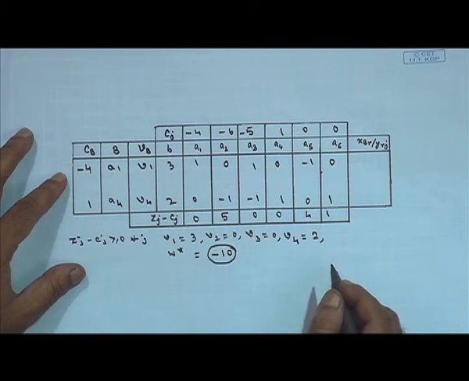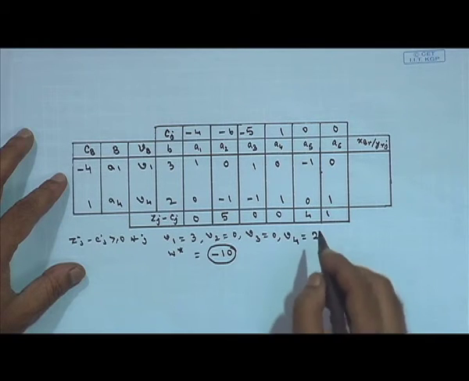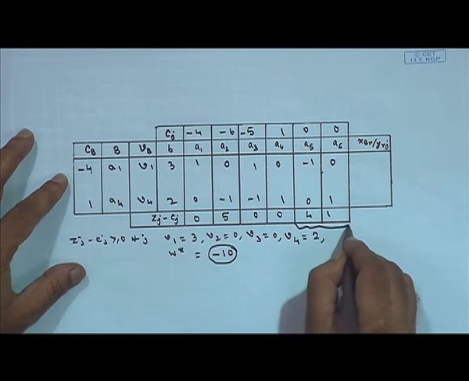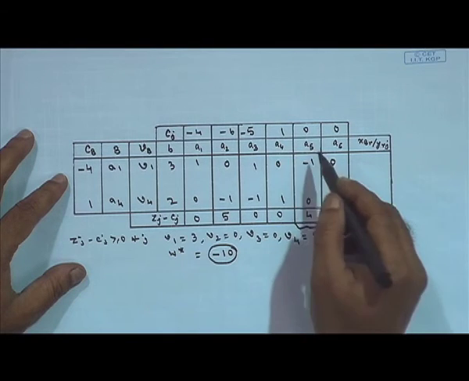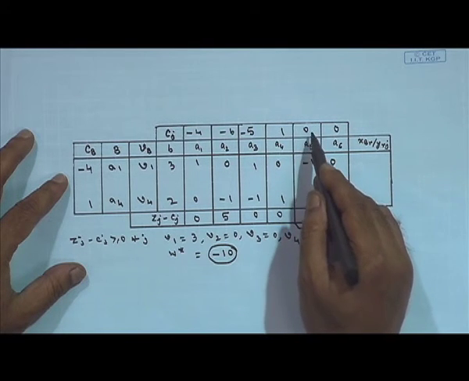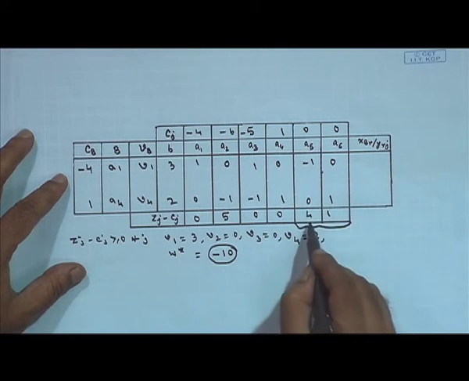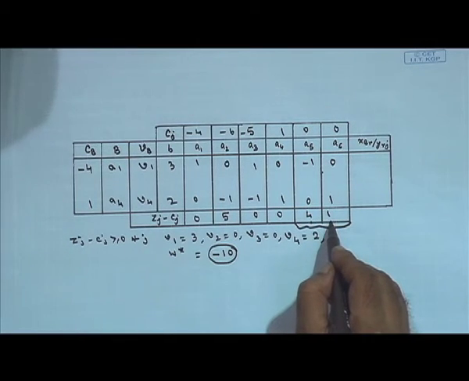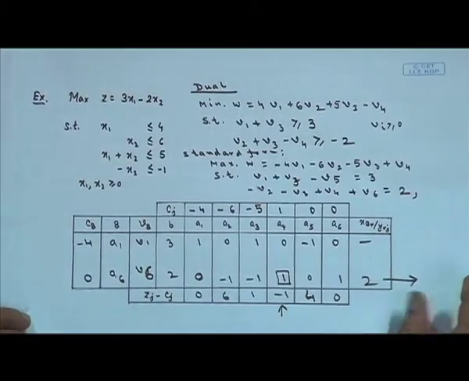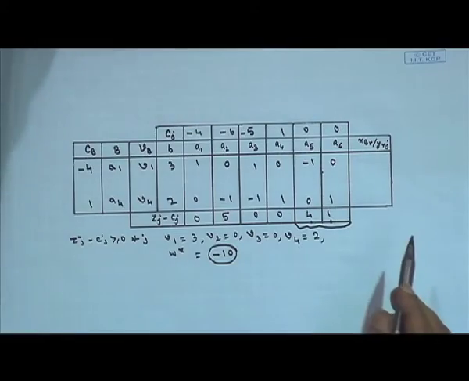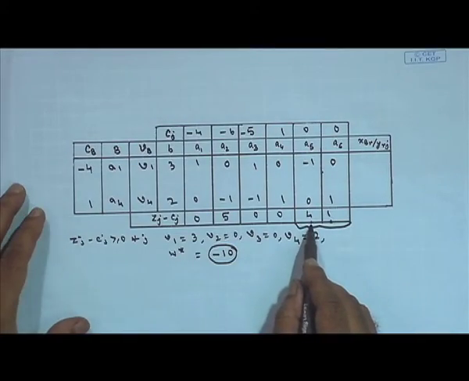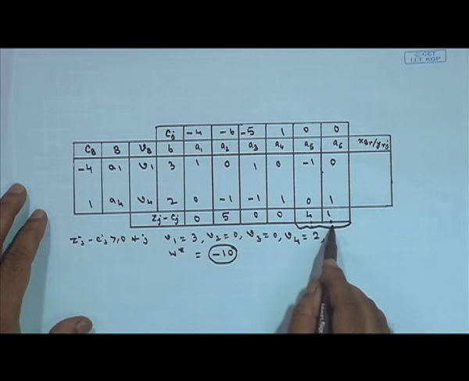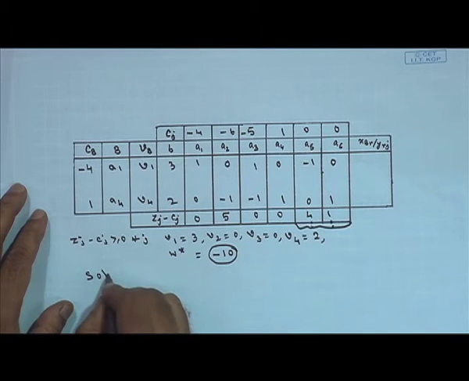If I want to find the solution of the primal problem, then you take the last two columns here, because the first will correspond to the variable x1 and the second will correspond to the variable x2. There were only two variables, therefore the first corresponds to the first variable and the second to the second variable.